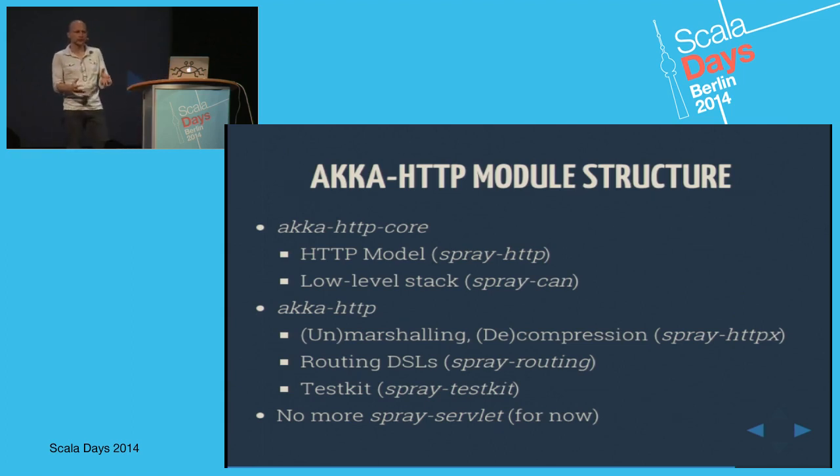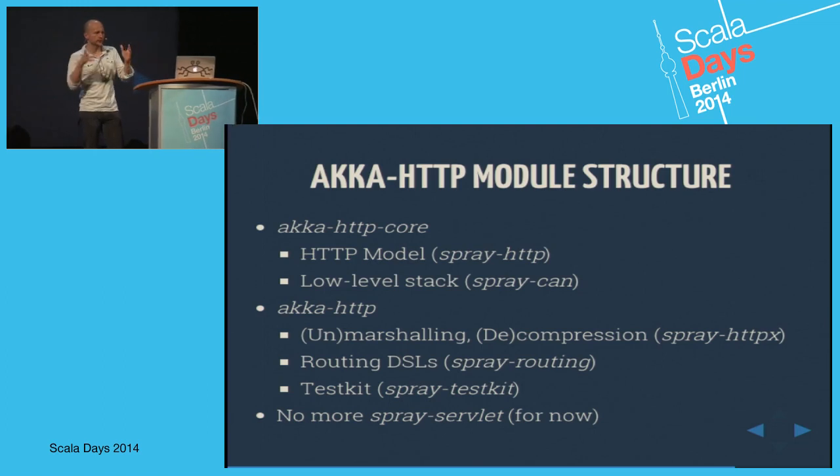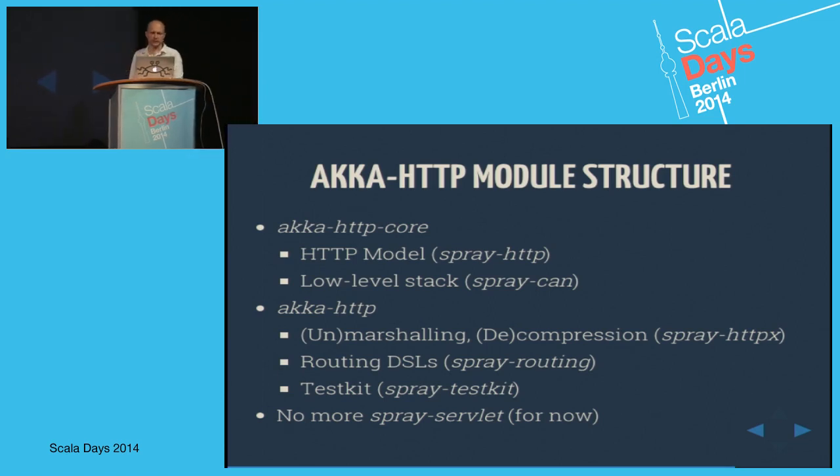You can open one connection and just manage it yourself, decide when you send requests, parse responses, and so on. Or you can go one level up. You can say, okay, please open a connection pool to one host, like, I don't know, I want to talk to Google, open at most 10 connections to Google, and then let's use this pool for this stream of requests that I have for you. So that's what you can currently do. And there's a third API where you can just say, I have a request here, please give me a response for that, and do it in any way you please.